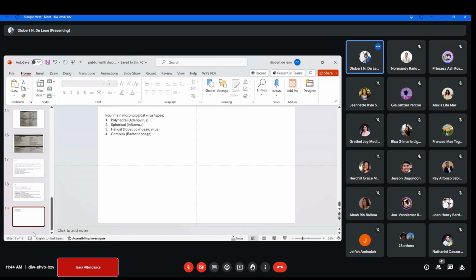So that's your tertiary preventive approach. Kindly study chapters 4 and 5 up to the different approaches in the management or prevention and control of communicable diseases.